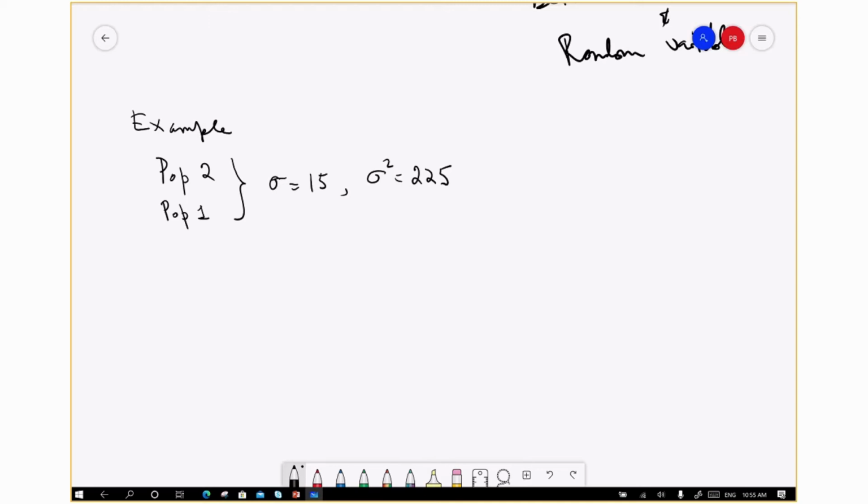So then we go out and do our sampling. From population 2, we take a sample of size n equals 25, and our estimate of y bar 2 is 110. And then from population number 1, we take a sample of size 9, and we calculate the mean for that sample, and we get y bar 1 is equal to 100.